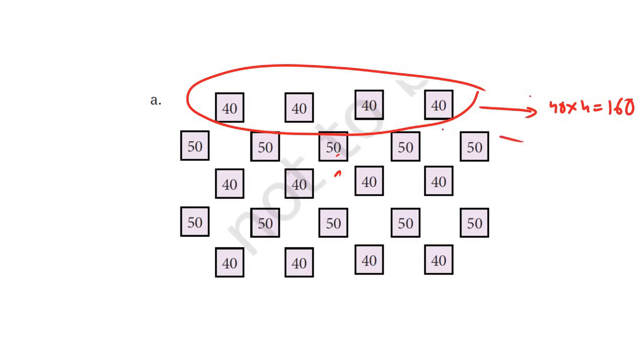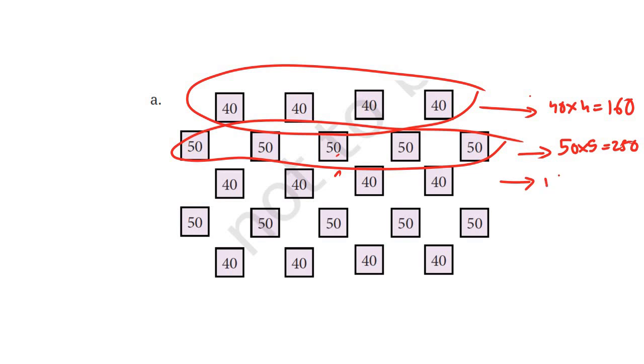Next, this term. This is 50 into 5, which is 250. Next again 40 into 4, which is 160. Next again 50 into 5, which is 250. And then again 40 into 4, 160.